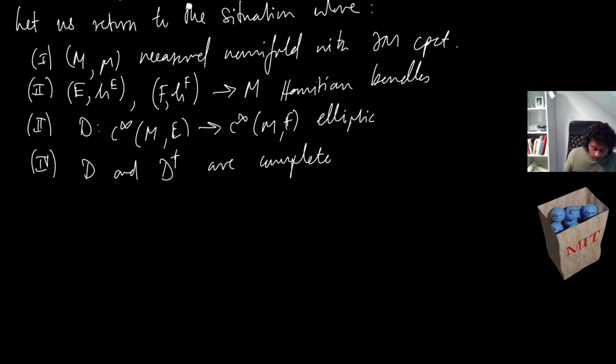Okay, so now let's recall. Let's go back to what we did before. So we have that B contained in H check of D, right? So remember the check space.